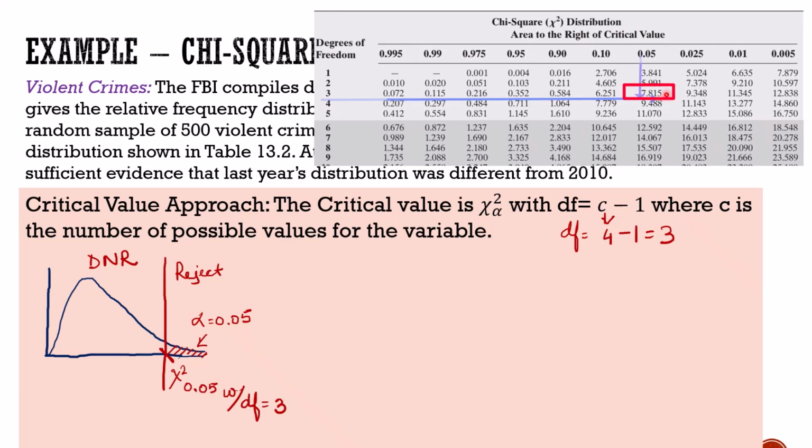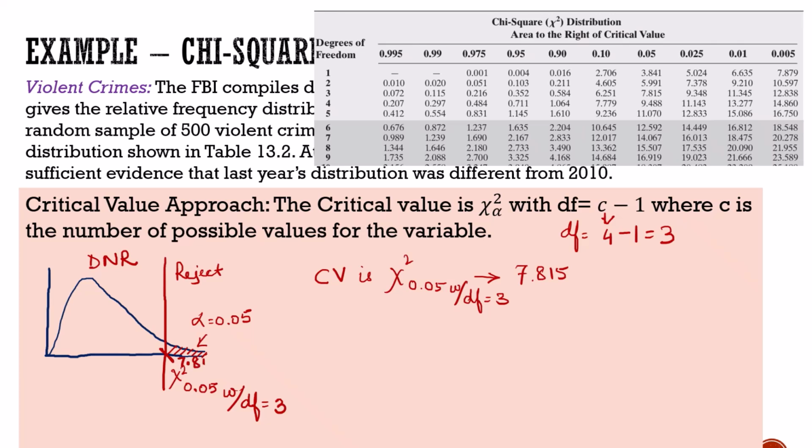So I'm going to write that out. CV, critical value, is chi-squared of 0.05 with DF equals 3, and that's a value of 7.815. I'm going to write that over here too on the diagram, 7.815.